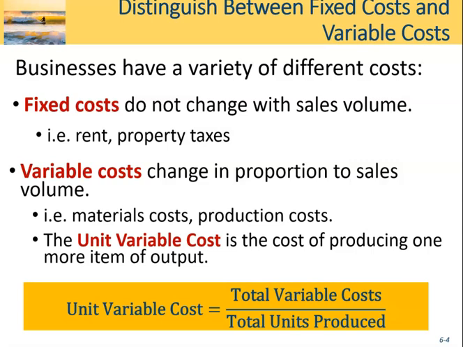That's how we'd come up with our unit variable costs. In reverse, if we know what our unit variable cost is, say 50 cents per highlighter, and we know we sold 2,000 highlighters, then we'd know our total variable cost would be 1,000: 2,000 units multiplied by 0.5 for our 50 cents per unit.